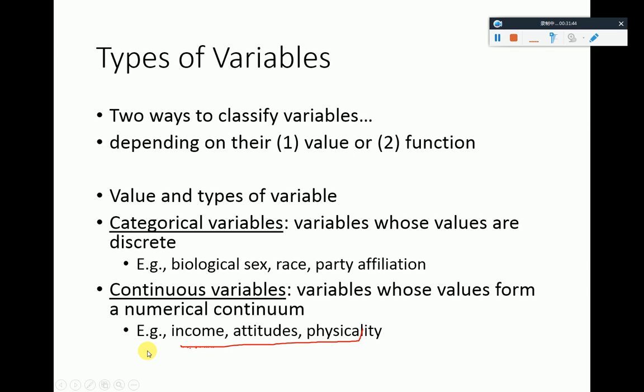Examples. Again, these are just some typical examples of continuous variables. I'm sure you can think of others. So income is a very typical, I would say a true continuous variable, because we can easily arrange all the values of income on a continuum ranging from $0 to $0.001 all the way to $99.999 to $100.